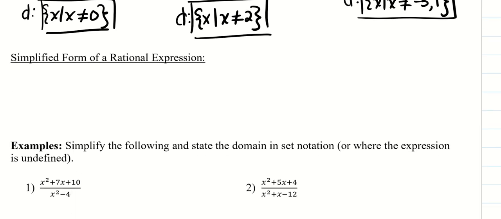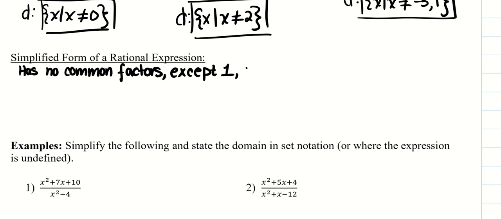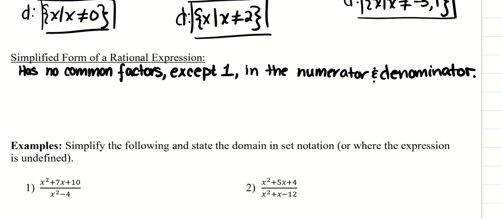A simplified form of a rational expression means that we have no common factors except for 1 in the numerator and the denominator. I'm going to show you an example of this with numbers before I give you the 3 steps.